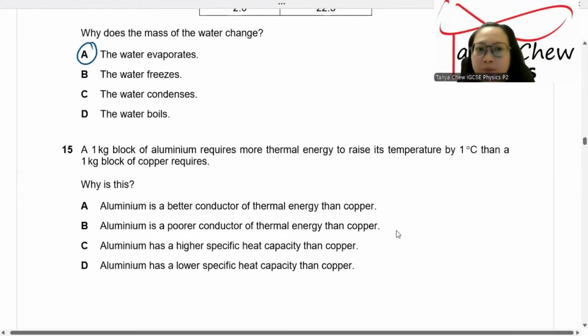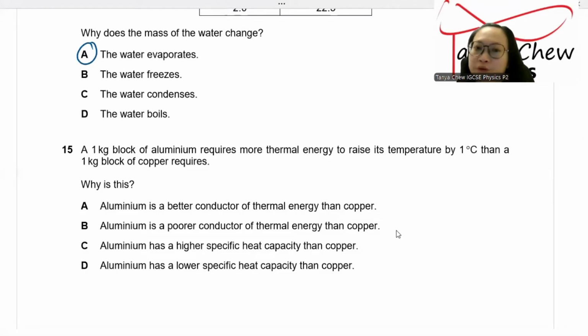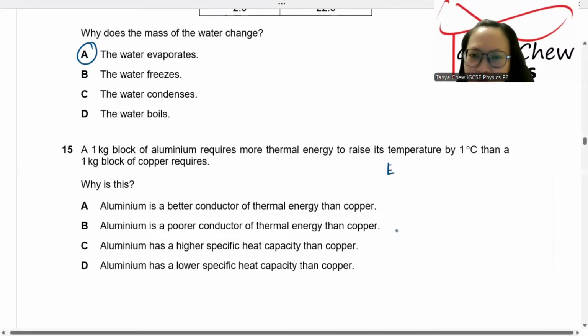Now, question number 15. A 1 kilogram block of aluminium requires more thermal energy to raise its temperature by 1 degree Celsius than a 1 kilogram block of copper requires. Why is this? Now, write down the equation first. It will be confusing otherwise. E equal to mc delta T. So the 1 kilogram block, this is aluminium, requires more thermal energy.